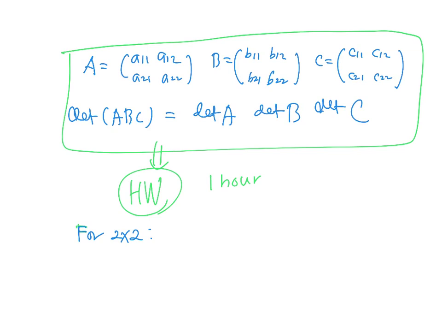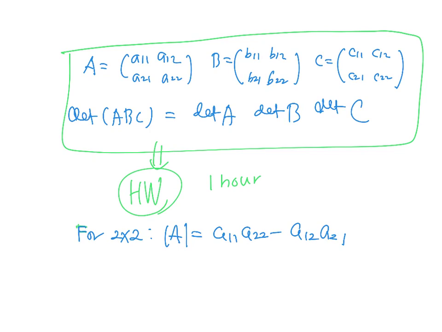For a 2 by 2 matrix, the determinant of A is defined. So how can you define the determinant if it's larger than 2 by 2?